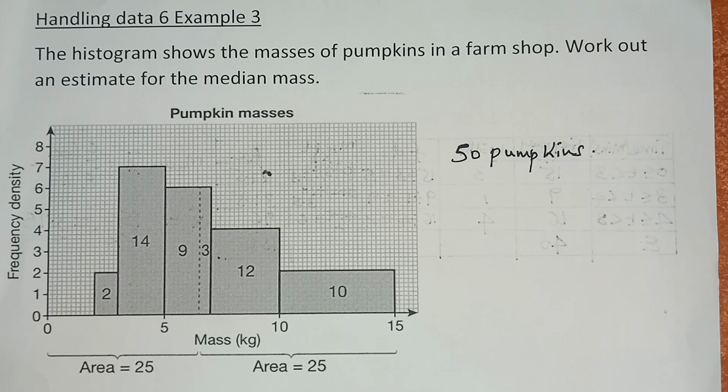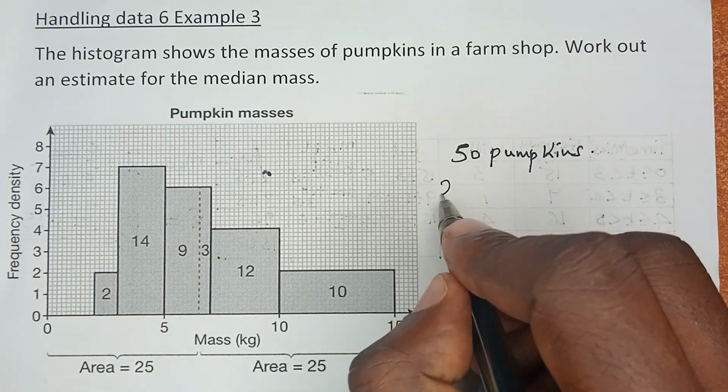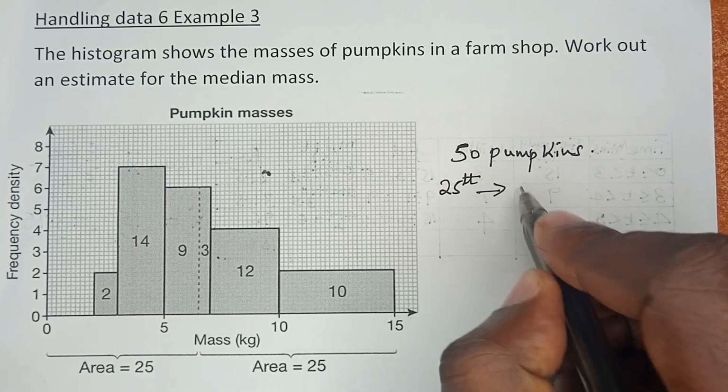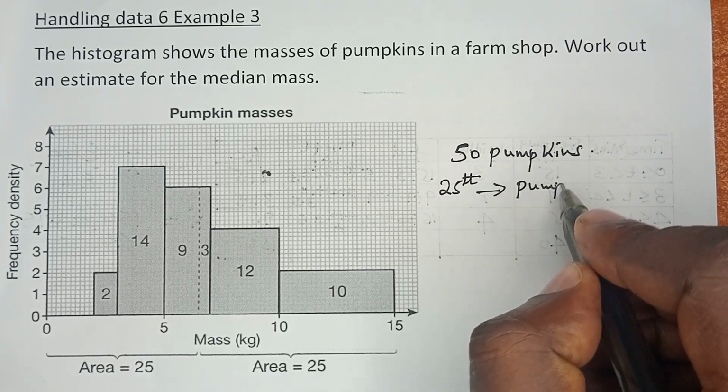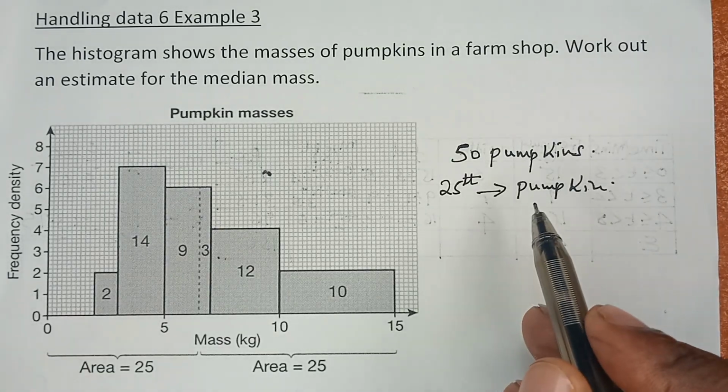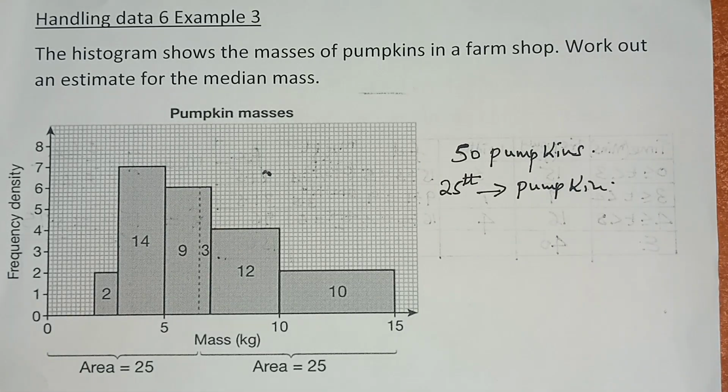Now, the midpoint or the median has to be at the 25th pumpkin. The mass of the 25th pumpkin is the one that is going to give us the median.